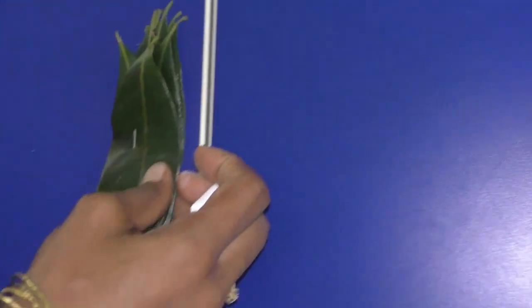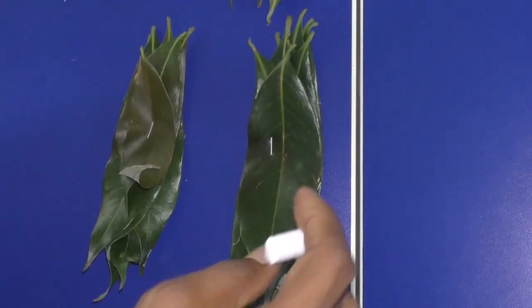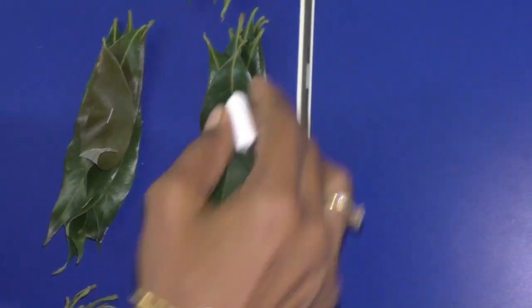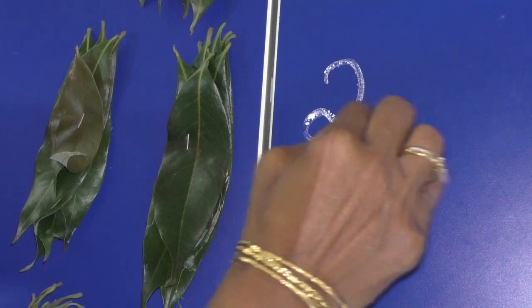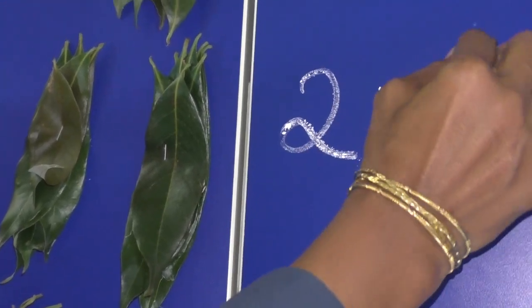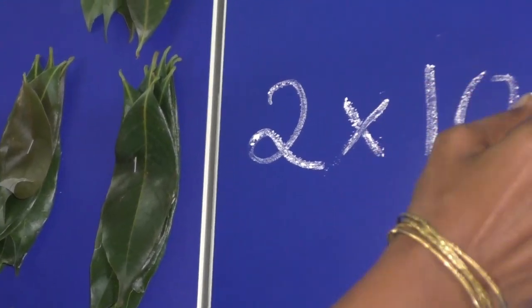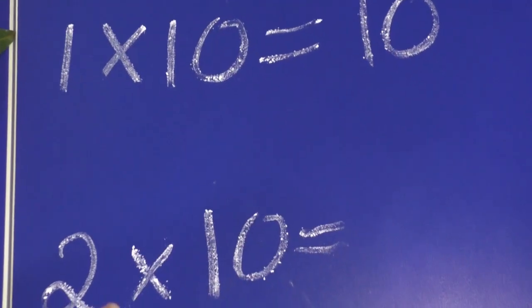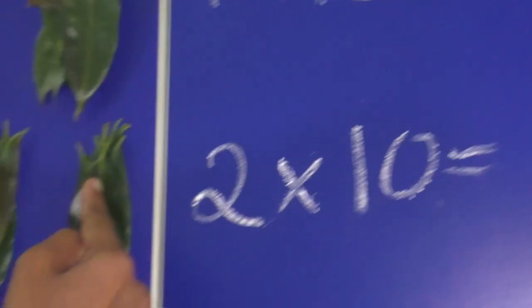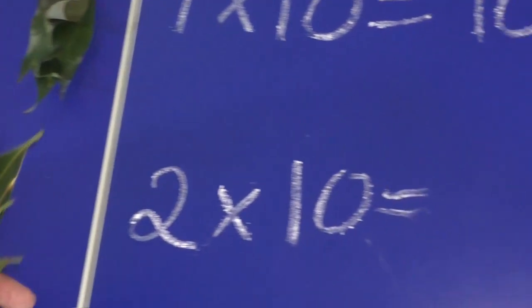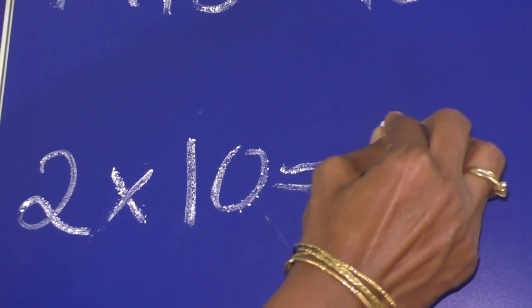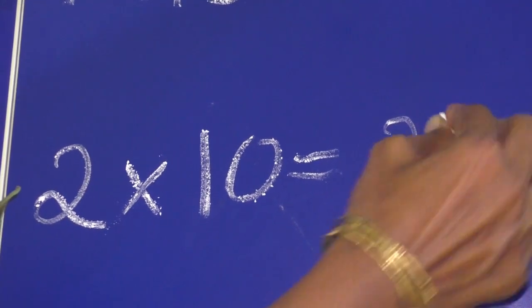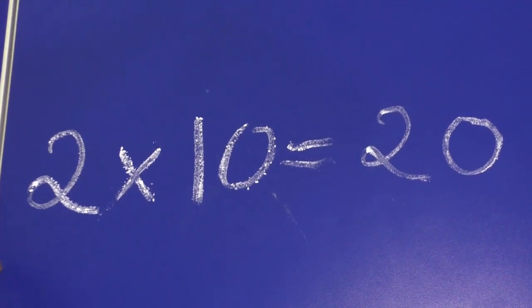Next, 1, 2. I have 2 bundles. So I write 2 into 10 leaves in each bundle. First bundle had 10 leaves. So for the second bundle add another 10. So 2 into 10 is 20.